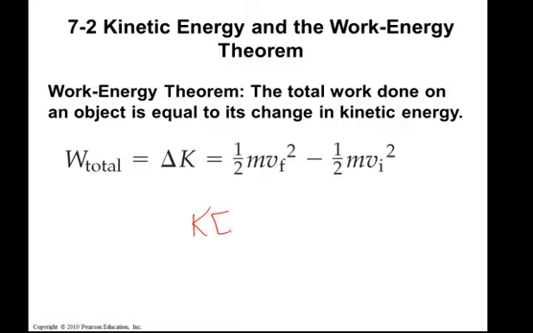So to find the change, I would do 1/2 m v_f squared minus 1/2 m v_i squared, where f is your final and i would be your initial. And 7.2 and 7.6 on your Chapter 7 assignment will both be dealing with this equation.